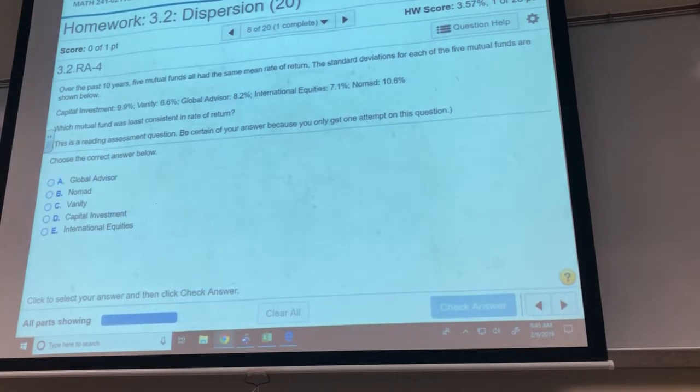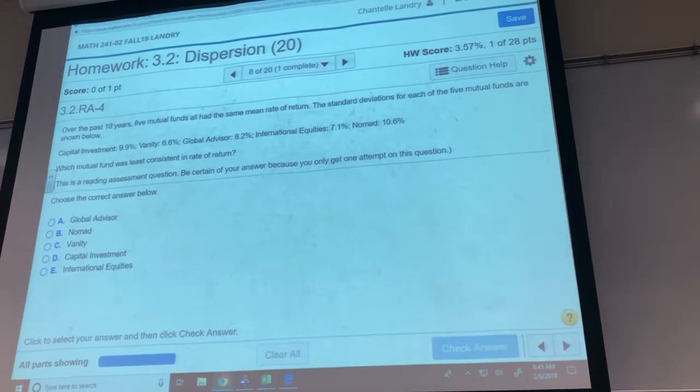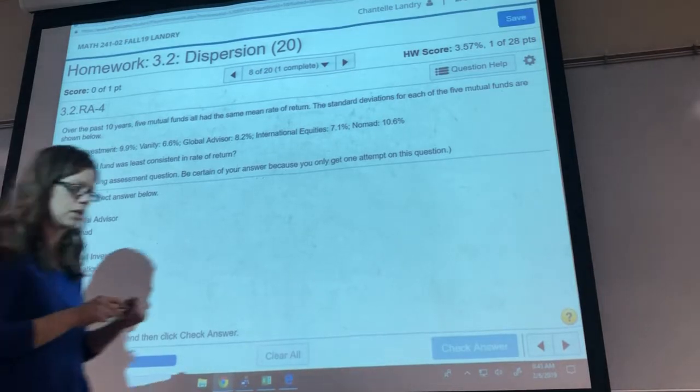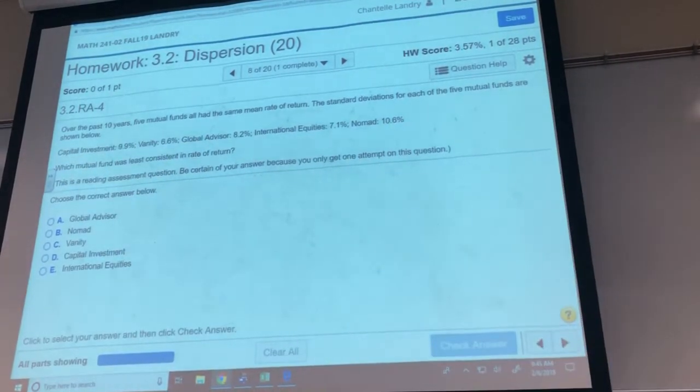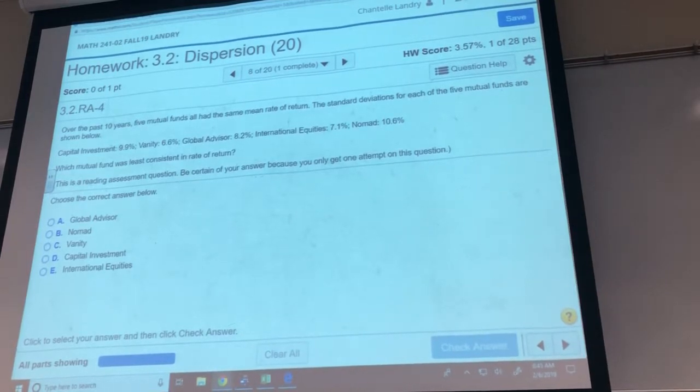Right. So we're measuring how spread out something is. We want it to be very spread out for it to be not consistent. So we want to have the highest standard deviation. So if we look here, the largest standard deviation that we have is 10.6.